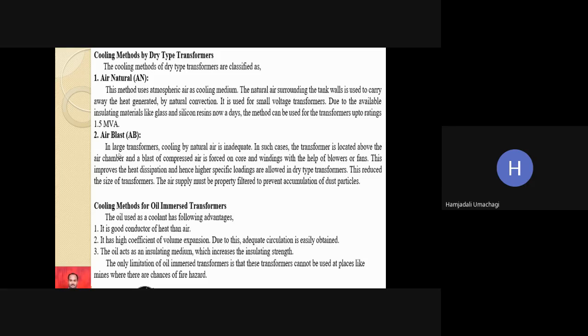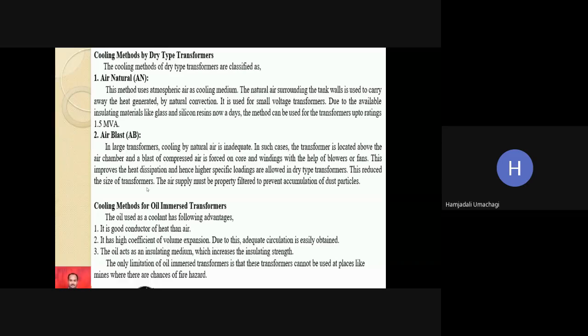For conditioning, we use an air chamber and air compressors where air is compressed to high pressure, and then that highly compressed air is blasted onto the core and the windings with the help of blowers and fans. Blowers and fans are the outlets through which I can pass the compressed air onto the windings and the core, so that whatever heat is there can be easily extracted.